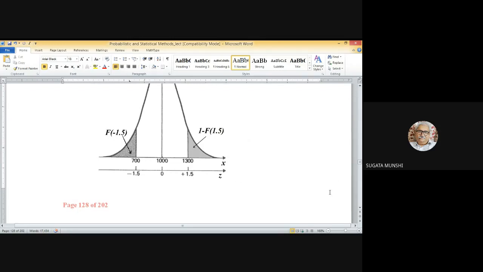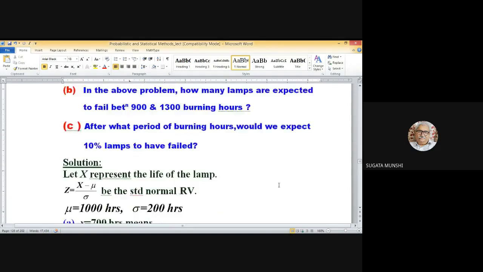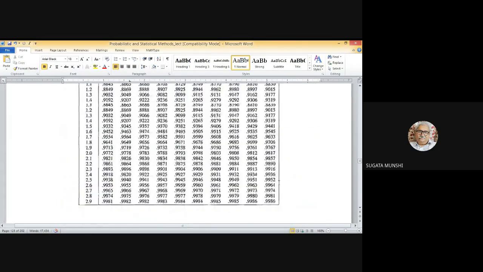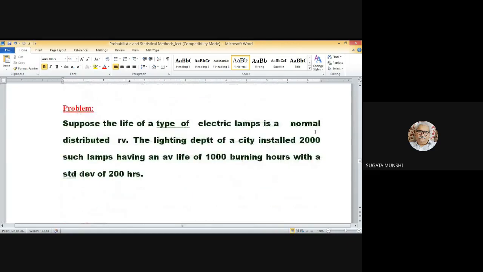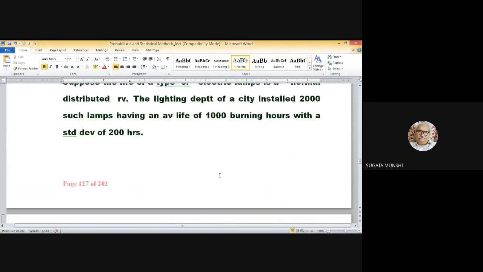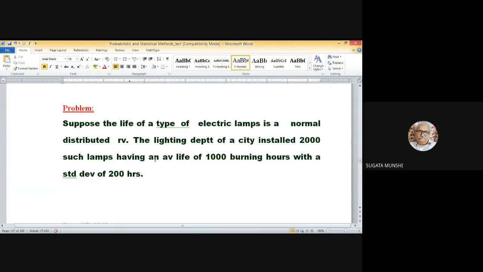Won't you ask me how that probability value is related to the number of lamps? Because what I have stated is that the average life of each lamp of that particular variety is 1000 burning hours.